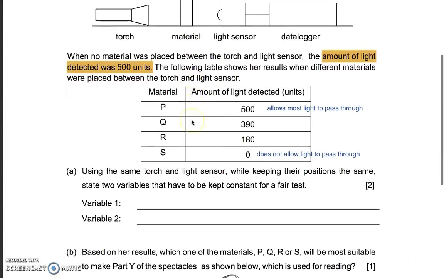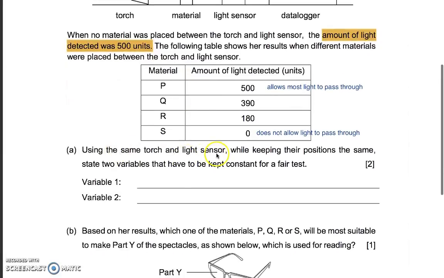Okay, so next, using the same torch and light sensor while keeping their positions the same, state 2 variables that have to be kept constant. That means you want to keep the same in order for it to be a fair test. Okay, so in order for it to be a fair test, there are a few things that we need to keep constant.